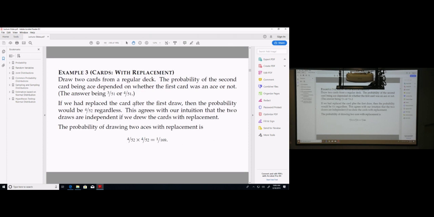And we look at the cards with replacement. These are crucial, especially as they relate to sampling or when people do surveys.